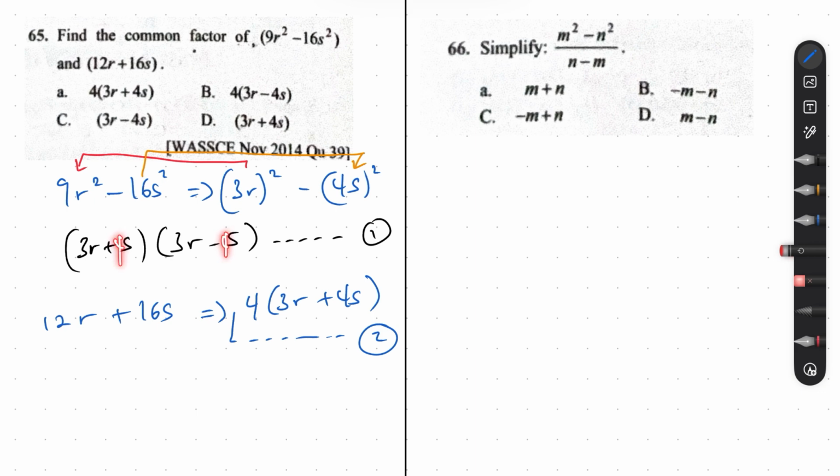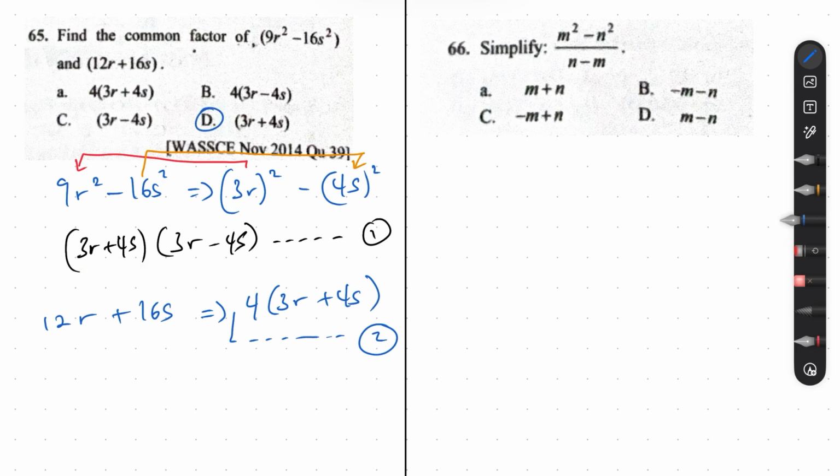I made a mistake because in the difference of two squares this is 4s, not just s. So let's correct it. Okay, so we can see that the common factor is 3r plus 4s. Okay, so that is D.